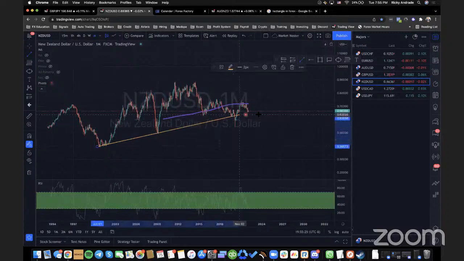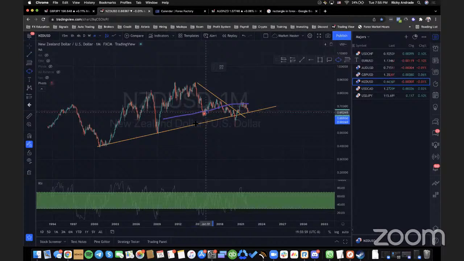So for example, let's see. So this is more like this. Right here, I can see that there was resistance here. There was resistance here, it broke out, and then it's coming back down, hitting an area of support, and most likely going to go up.